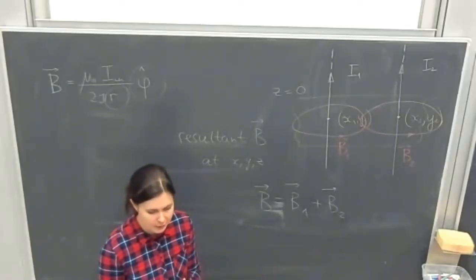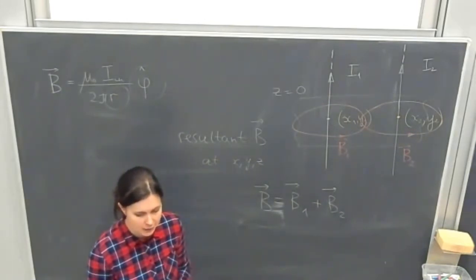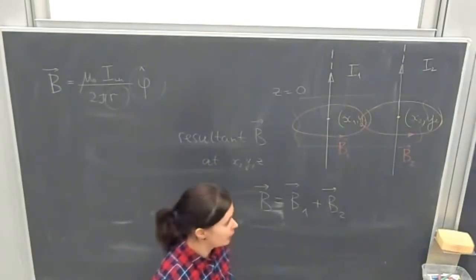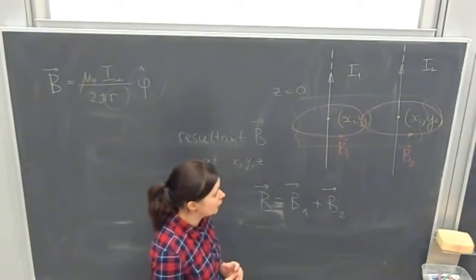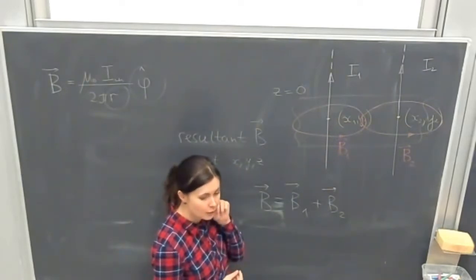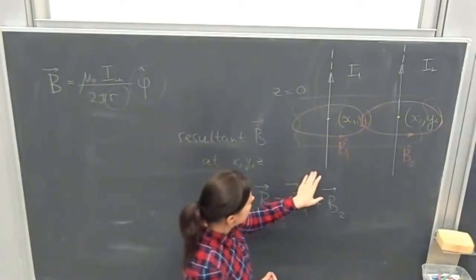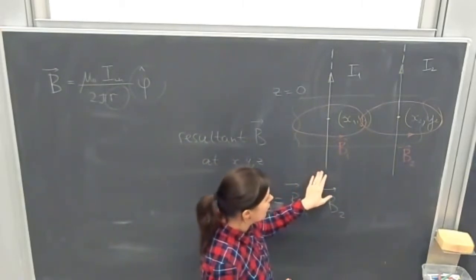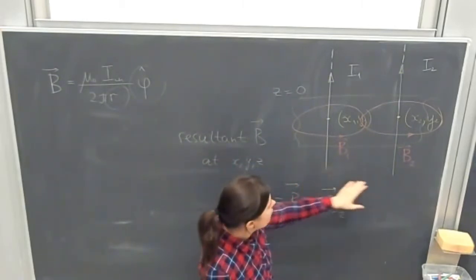This is magnetostatics, problem 16. In this problem we have two infinitely long current conductors with current 1 and current 2.